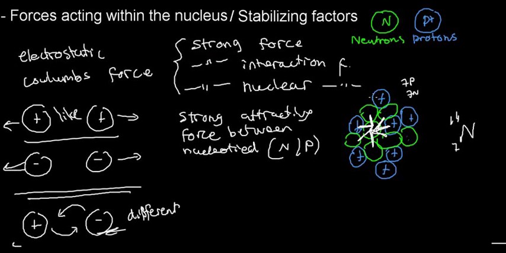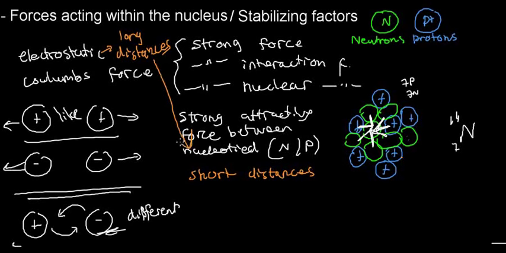It is a very, very short distance force. It's applicable for very short distances. I'm assuming that you intuitively know that the distance between one proton and the next proton is very short. Whereas we know the electrostatic force from everyday life, we're talking about longer distances compared to the strong force.